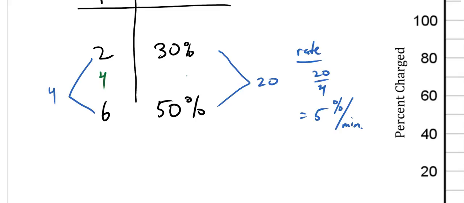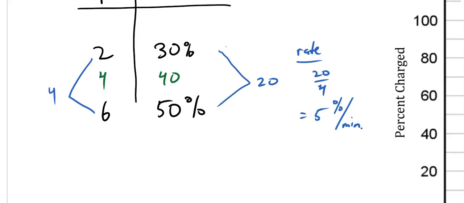What would go in here, in between 2 and 6? So it would be 4. What would be the percentage? Think 40? So it's going 5% each minute. From 2 minutes, it goes up to 35%, and then 1 more minute up to 40%. 10% every 2 minutes, which is 5% per minute.